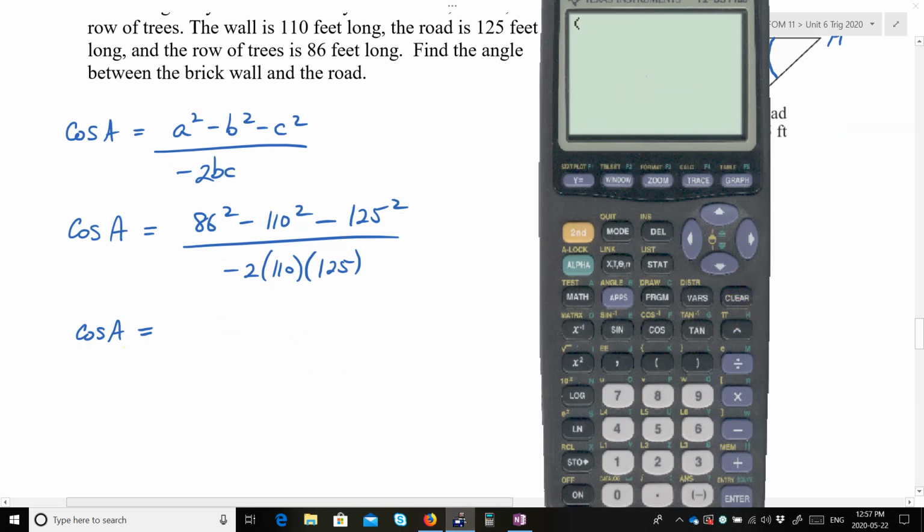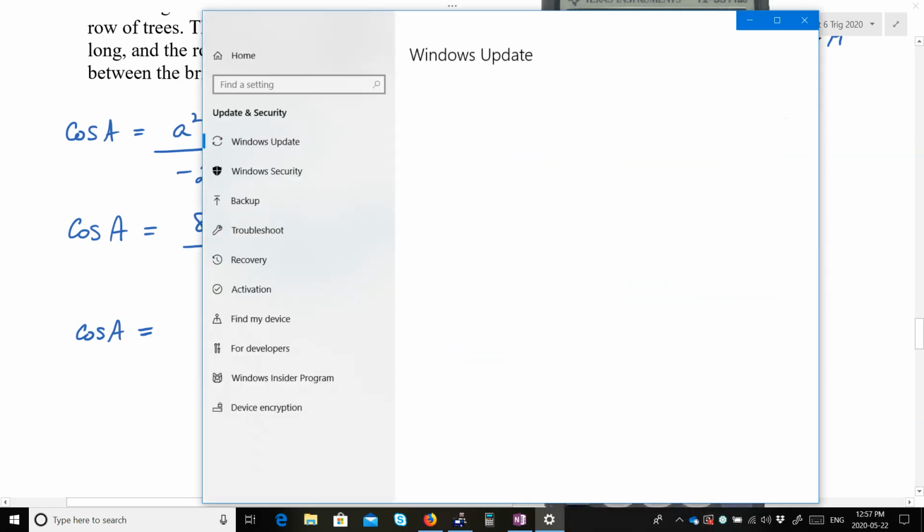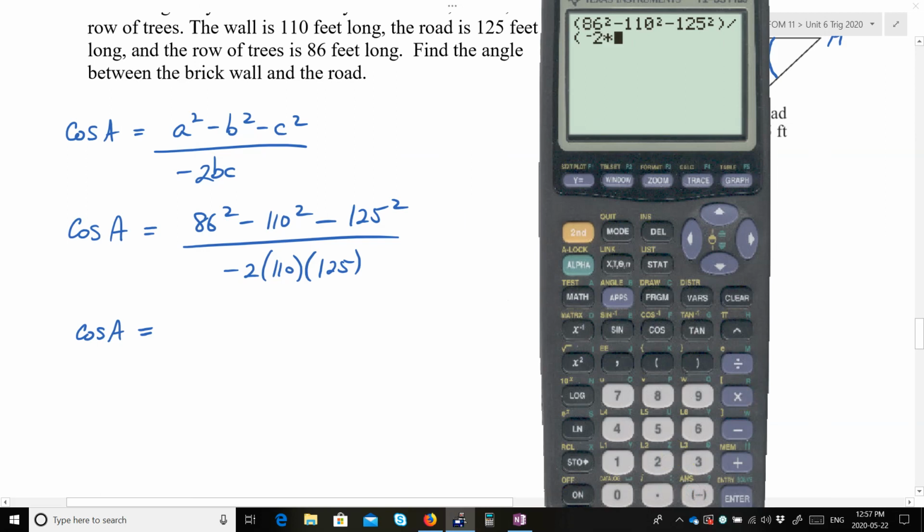We have to do brackets on the top, 86 squared minus 110 squared minus 125 squared divided by, brackets on the bottom, negative 2 times 110 times 125.